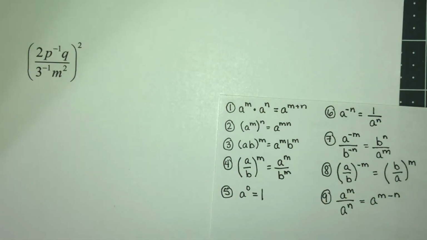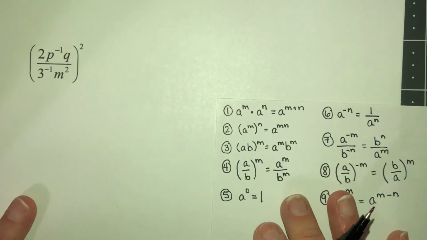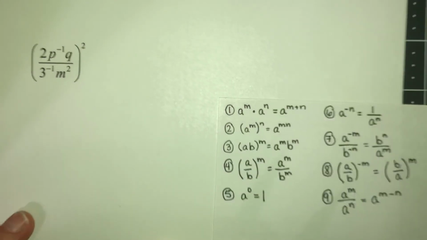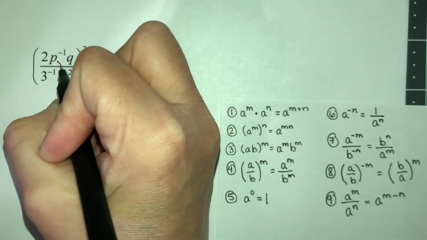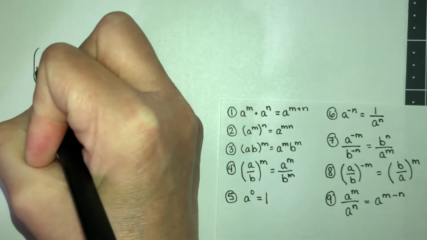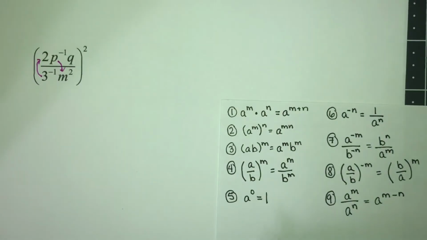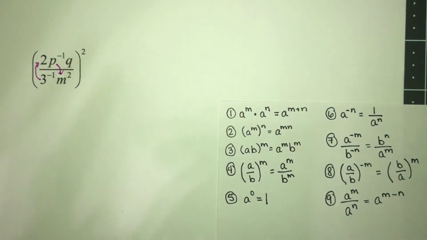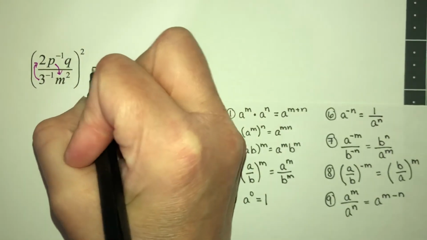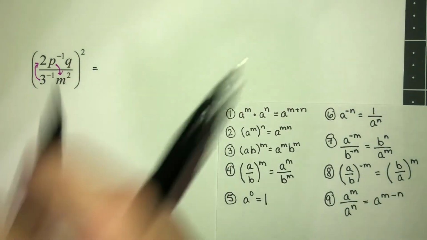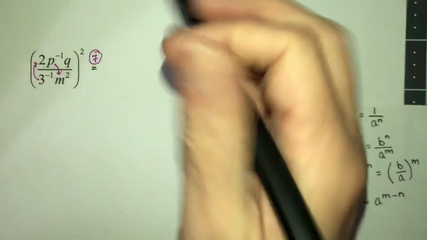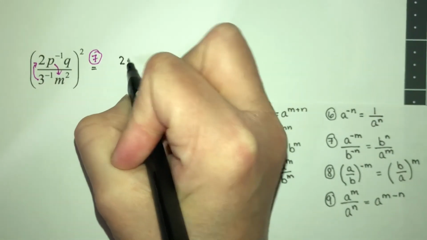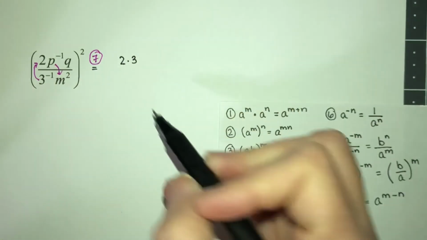Okay, let's work one more. For this one, let's go ahead and take care of these negative exponents on the inside. I'm going to move this p down to the bottom and this 3 up to the top. So what I have, and this is property 7 happening here, I have 2 times 3. Just make sure you don't write it as 23.